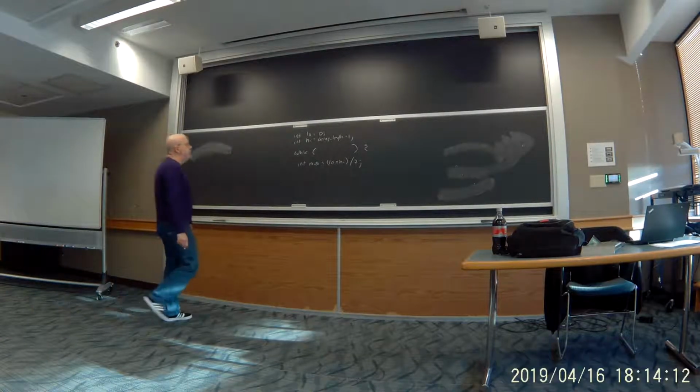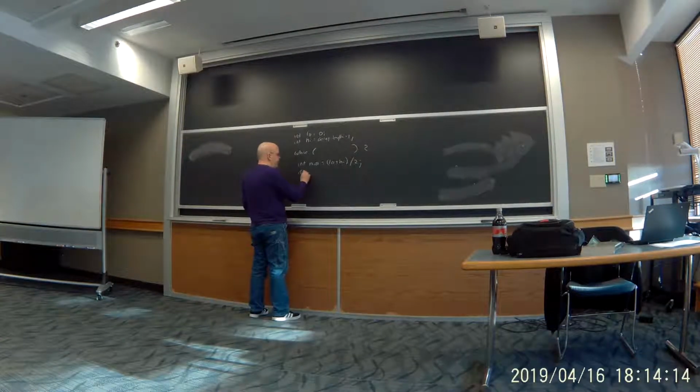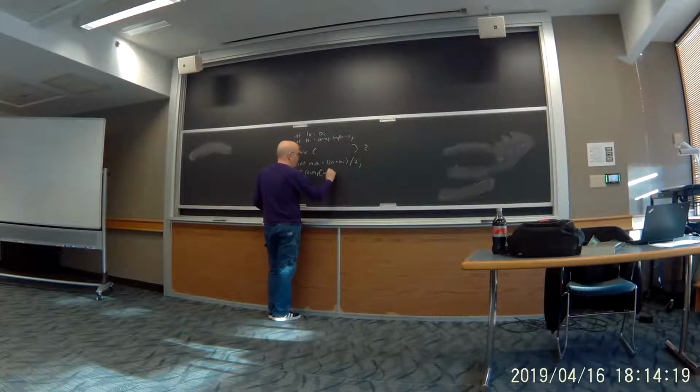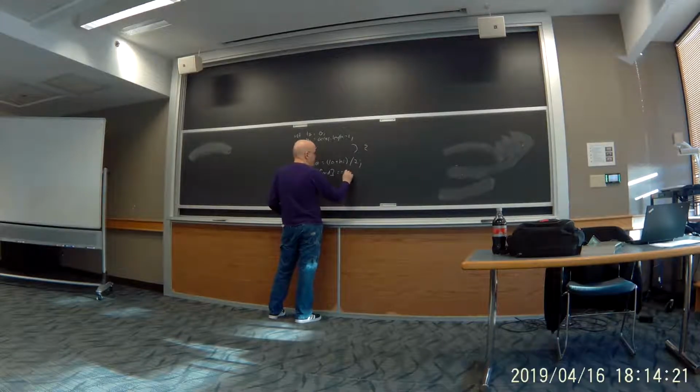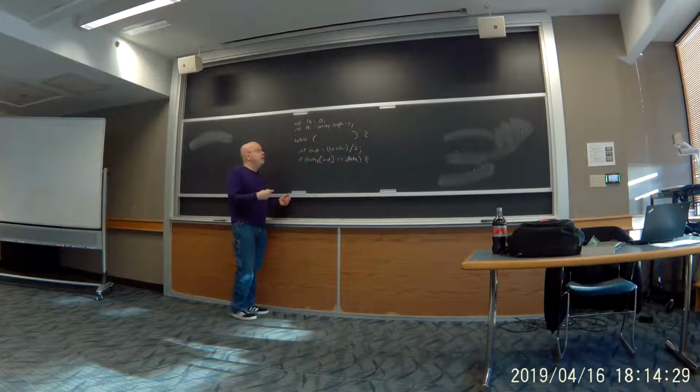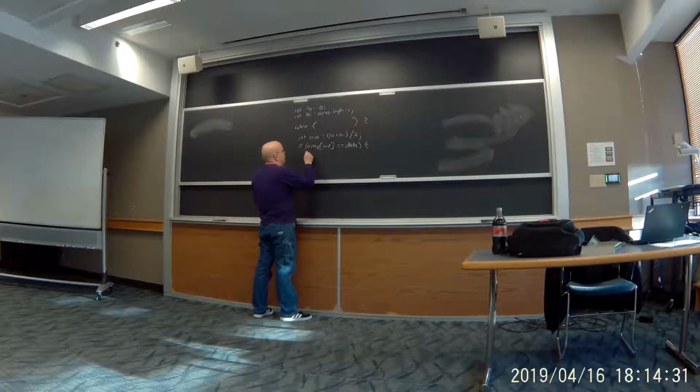Now, we're going to say if array sub mid is equal to the data we're looking for, then this basically means we're done, right? So this means we found it.